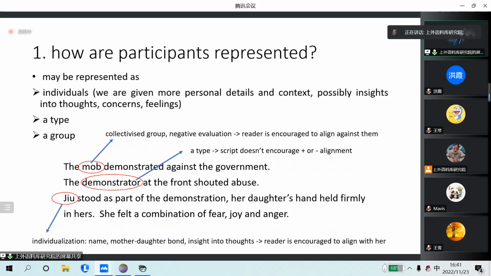And then we get insight into their thoughts and how they feel. So we are very much encouraged to align with her. So depending on how you're trying to talk about the event, if you use one or the other, you're actually manipulating the reader to have a certain stance towards the events that are being talked about.